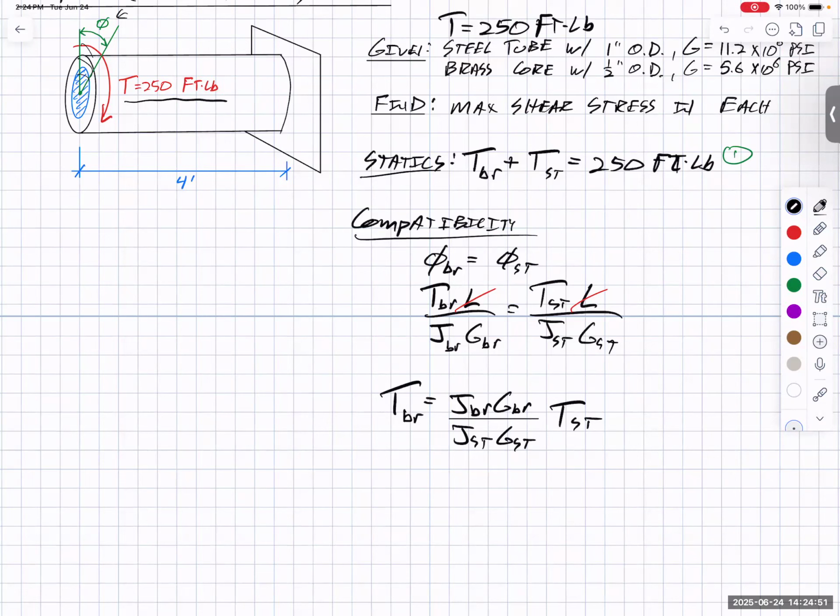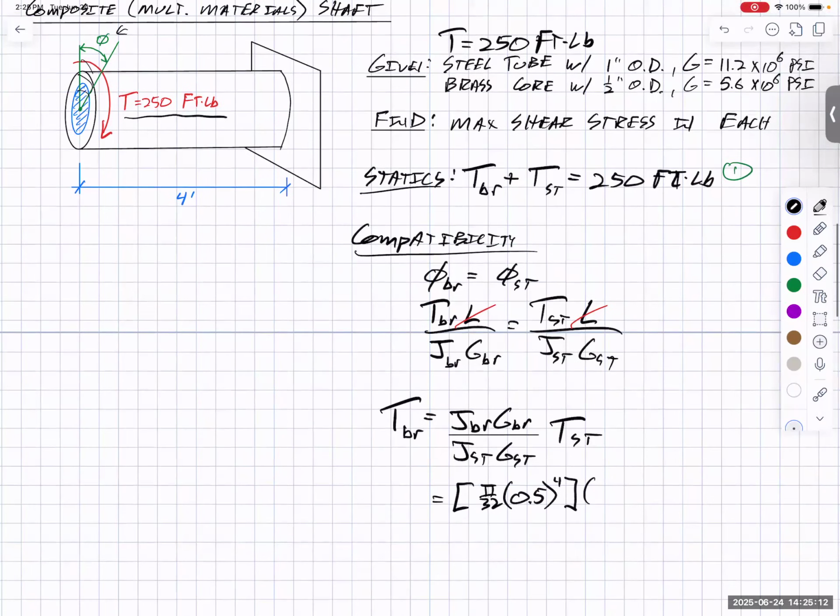All right, now let's put in our values. So what do I have here? Remember the polar moment of inertia, we have pi over 32 times the outer diameter. This is the brass, so its outer diameter is 0.5 inches to the 4th power. And then G brass is given, right? G brass is 5.6 times 10 to the 6th.